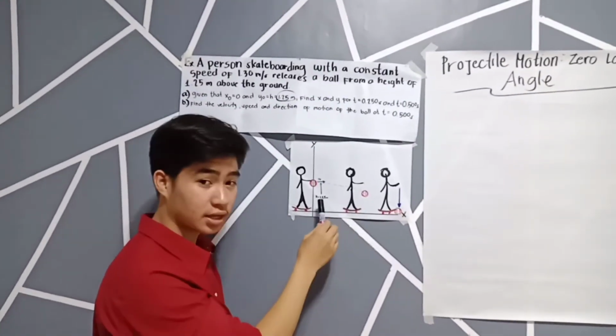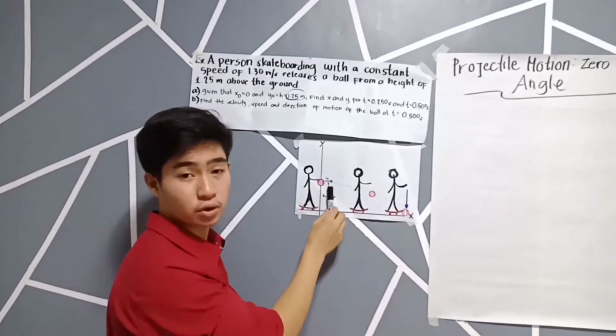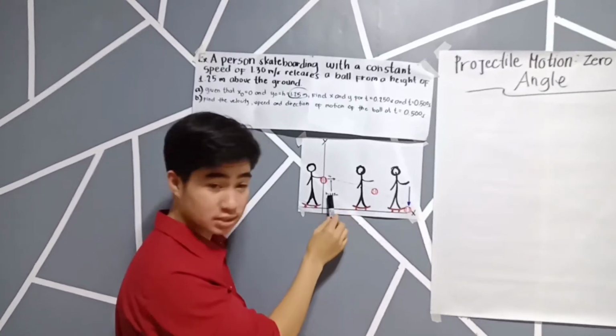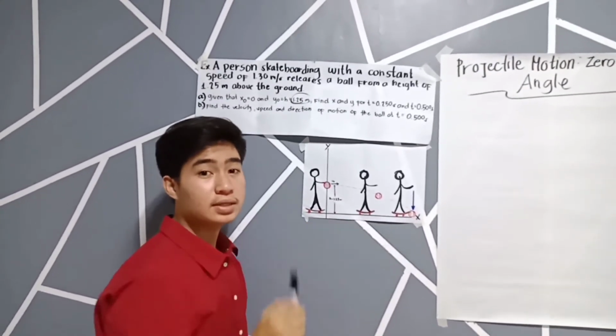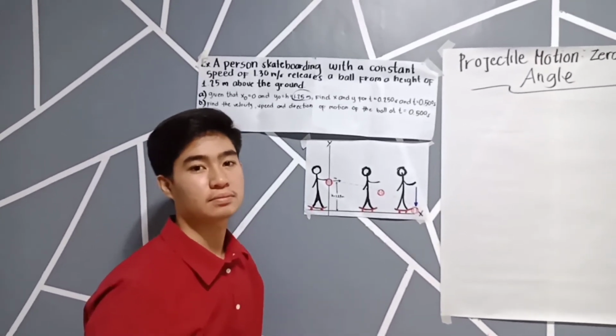The ball starts at this point, considering x sub o as 0 and y sub o as the height of 1.25 meters, and the initial velocity is horizontal, so this is the best example for projectile motion with zero launch angle.